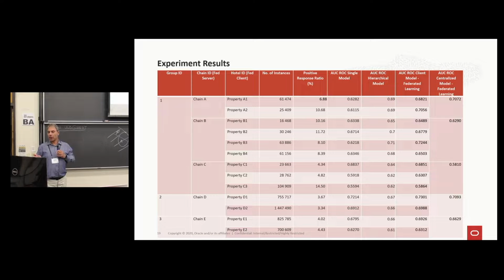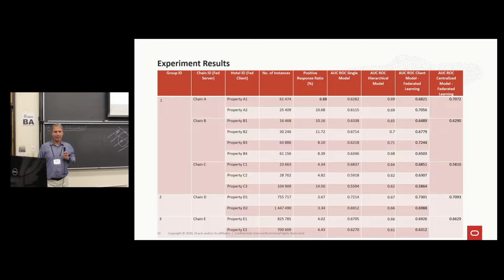For federated learning, client means pretty much the same thing, a specific property. Centralized is when we combine the properties and saw how, on average, that model worked for that property.